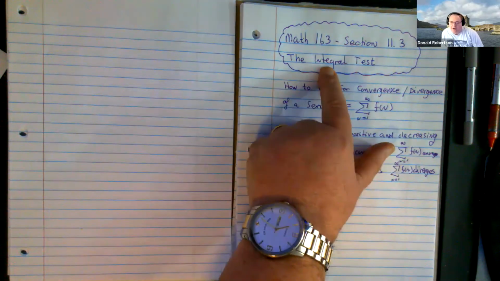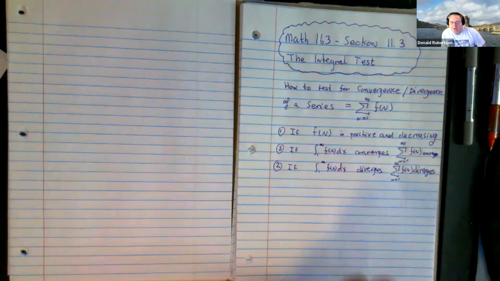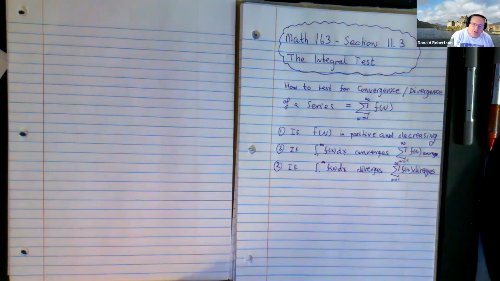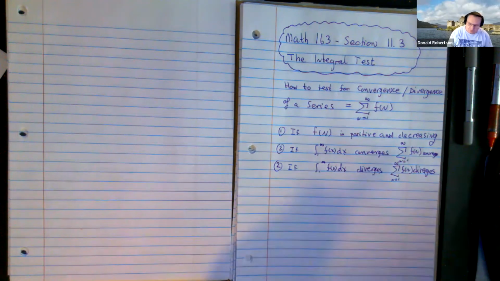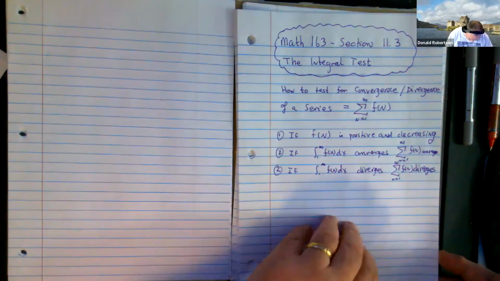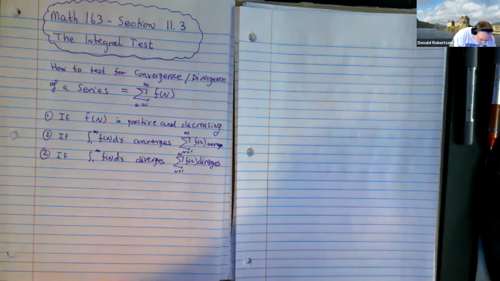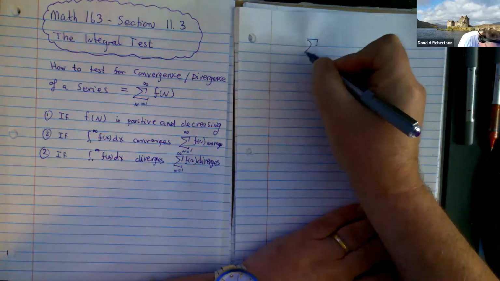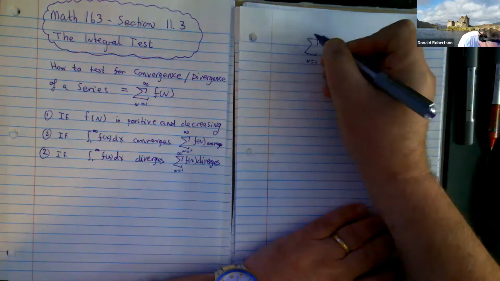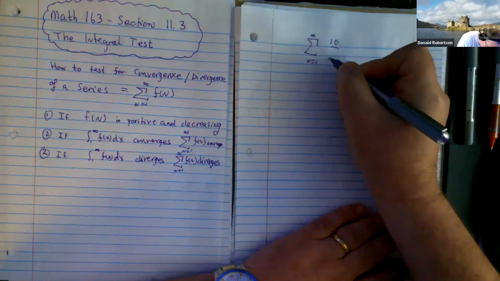So we're going to look at a filter called the integral test. And basically it says the following. You'll notice there's a little change to the notation because the way this test works, it is helpful to write that notation. When I write down a series, I might write it something like this: n equals 1 to infinity, 10 over n squared.